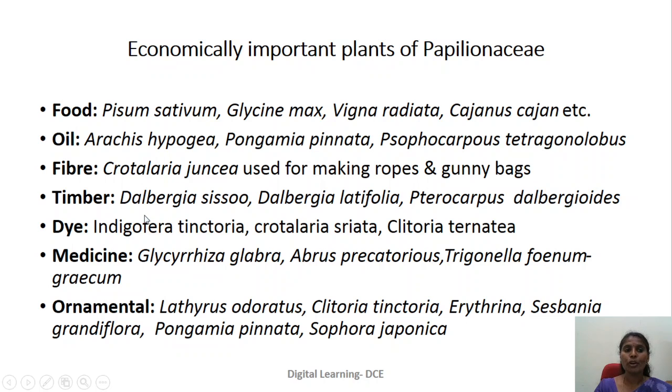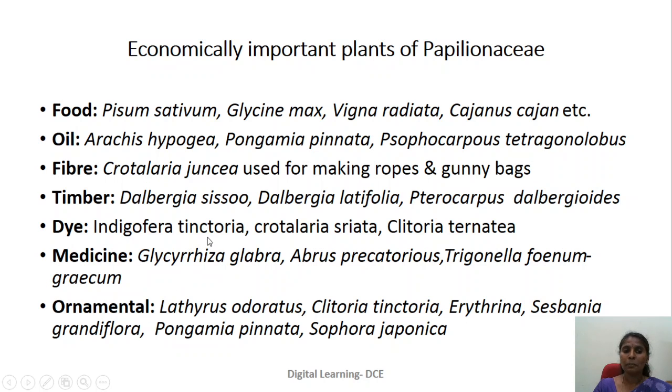Then the timber yielding plants include Dalbergia sissoo, Dalbergia latifolia and Pterocarpus dalbergioides, which are used to make interiors and furniture. Then plants like Indigofera tinctoria, Crotalaria striata and Clitoria ternatea yield dye, which is used in the painting industry and also in the textile industry to dye fabrics.